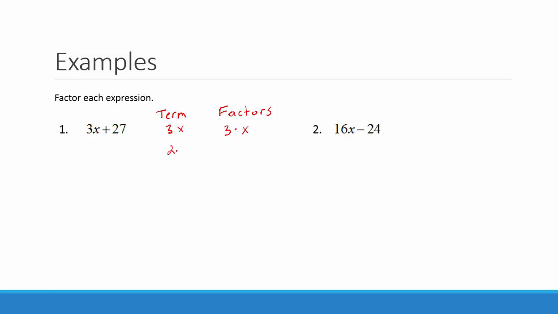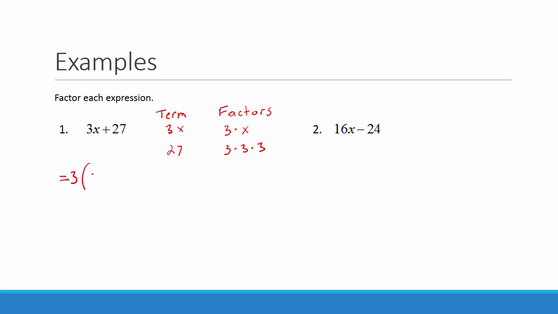For 27, our factors are 3 times 3 times 3. The greatest common factor in both 3x and 27 is 3. So our greatest common factor is the number 3.